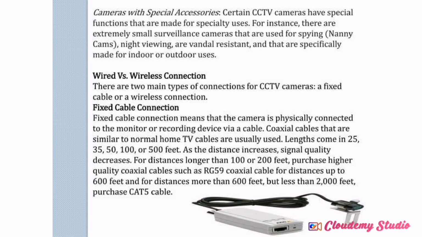A wired connection is where we use cables to transmit information or data. For instance, if you want to transmit information from the camera to the DVR or NVR or to the monitor, you are supposed to connect wire cables in order to transmit the information.